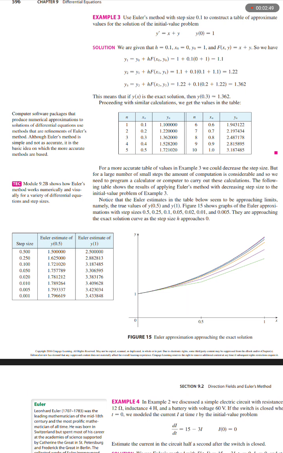Back to the text. Proceeding with similar calculations, we get the values in the table. There are columns for n, x sub n, and y sub n from 1 to 10.